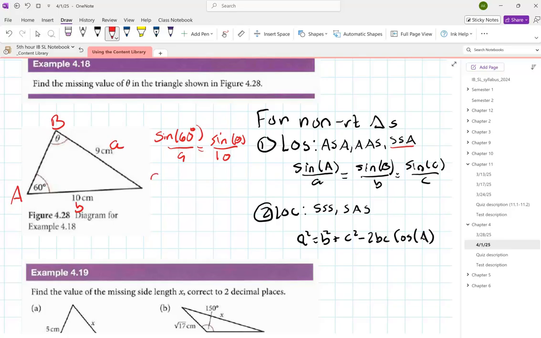We'll cross multiply, so 9 times sine theta equals 10 times sine 60. We'll divide both sides by 9 and then do the sine inverse. I'm going to do that all in one step.